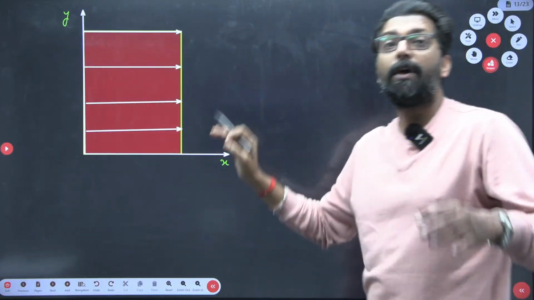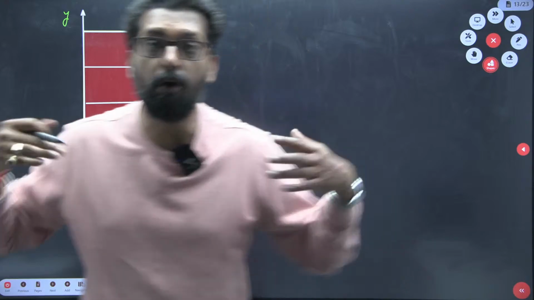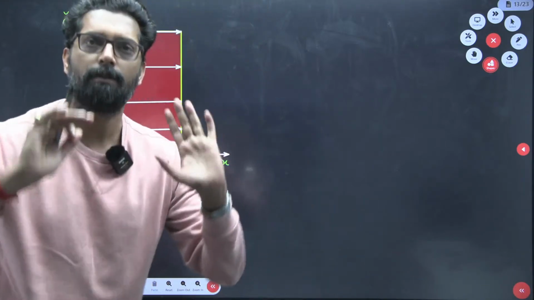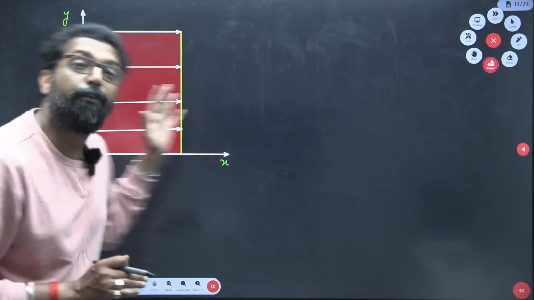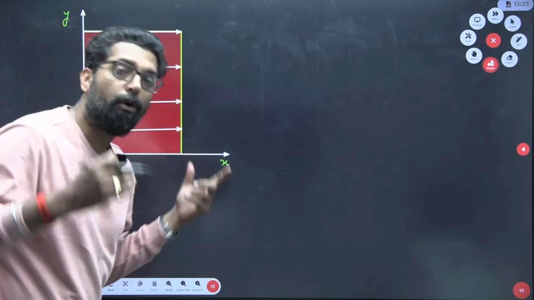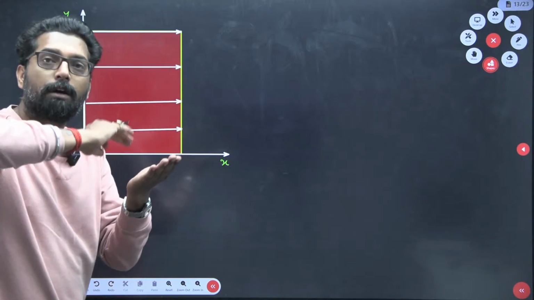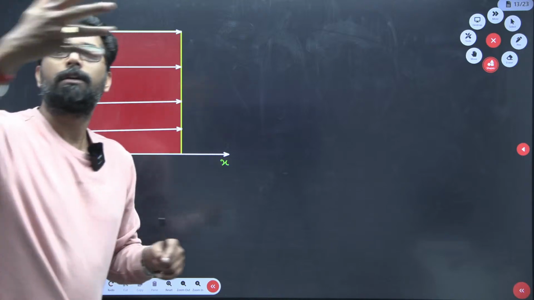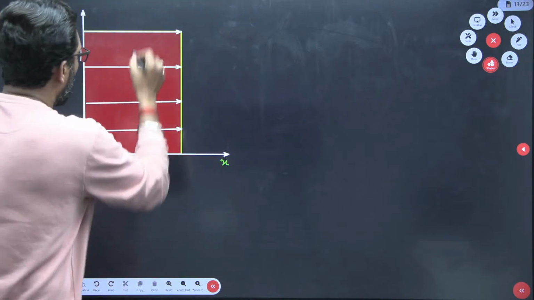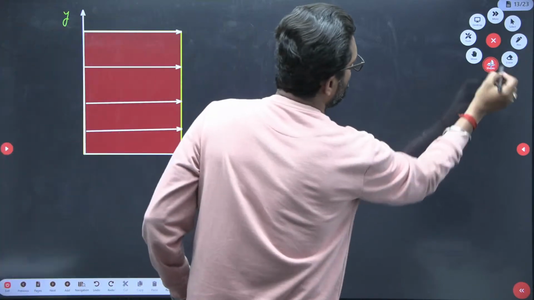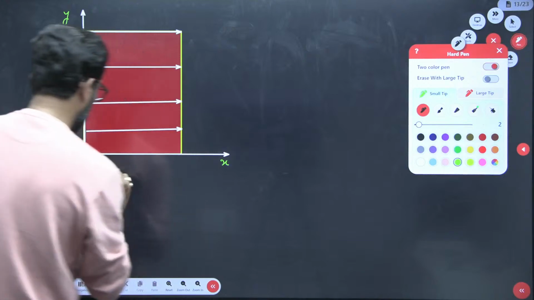It is possible when this fluid is not in contact with any solid boundary. This fluid will be free flow, meaning the fluid will not have any contact with a solid surface. So all the velocity is constant. This is called uniform velocity.